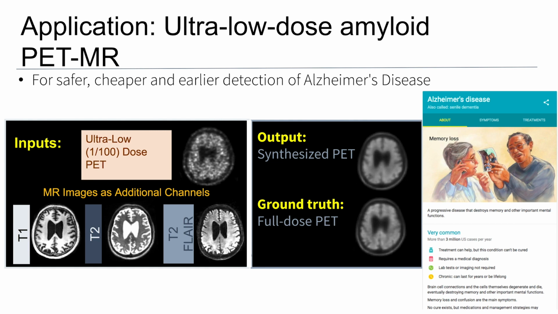The leftmost is a T1 MR, used for structural imaging, and the second is full dose amyloid PET, which is the gold standard for diagnosis. On the right-hand side is the low dose PET. You can see the quality is so poor that you cannot use it for clinical diagnosis. And with the PET-only model, without using MR, you get a little bit better.